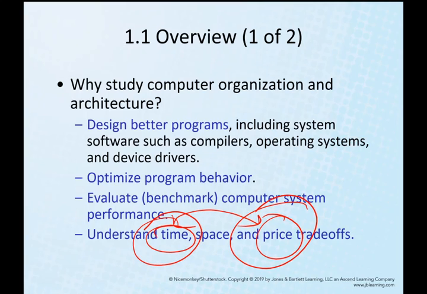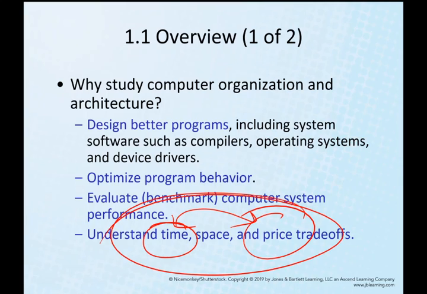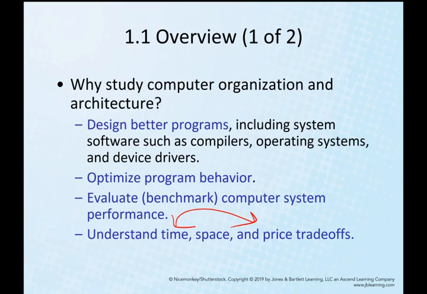Sorry, by reducing the price, we might increase the time. And in order to decrease the time, we might have to pay more. Okay, so by knowing the inside architecture of a computer, we can understand these trade-offs between time, space, and price.